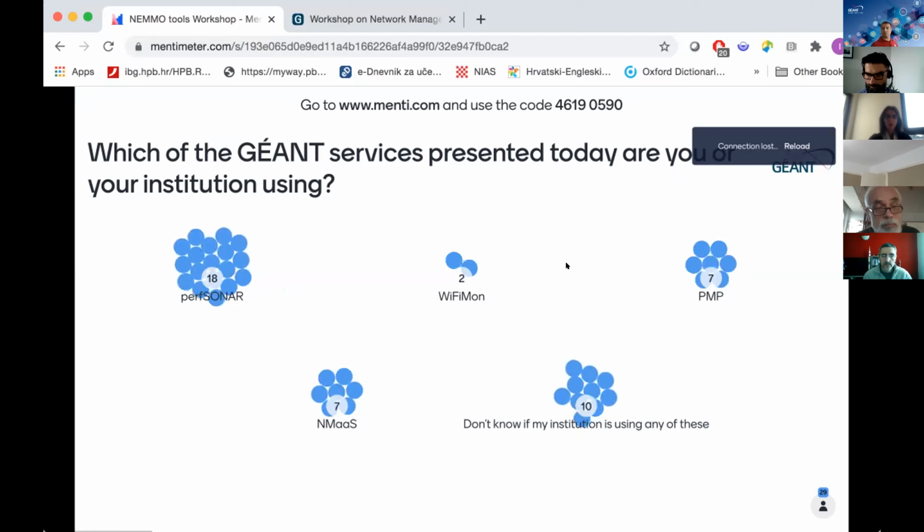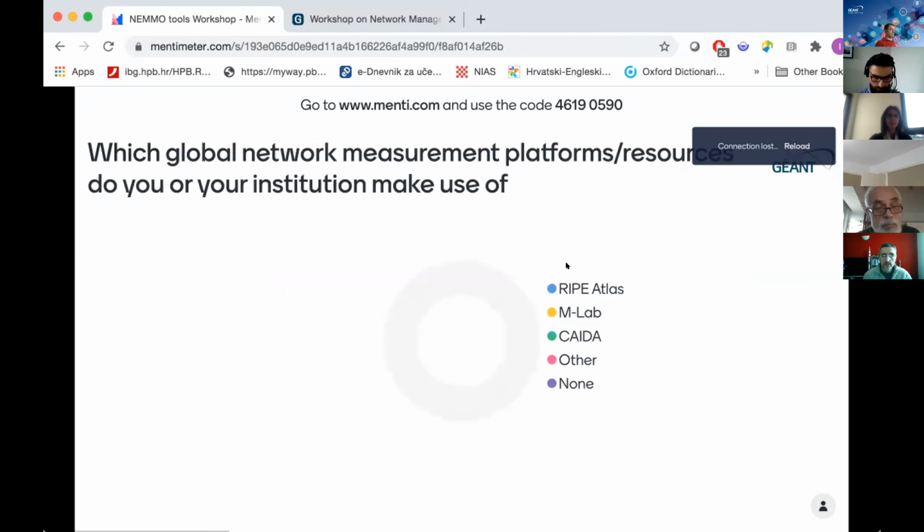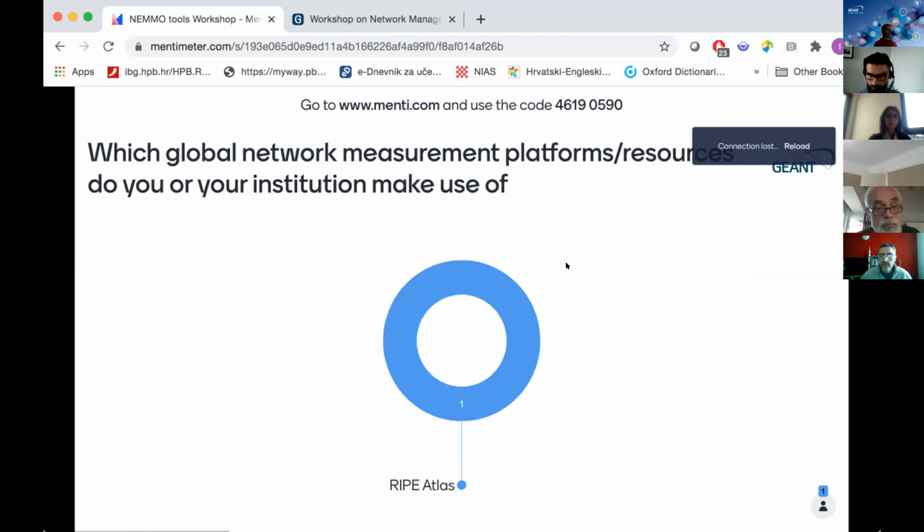So let's move on. Our third question is related to some other measurement platforms or resources that are outside of our project. We have listed just a few, and we do know that RIPE Atlas is very well represented in our community.